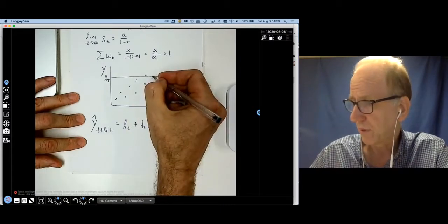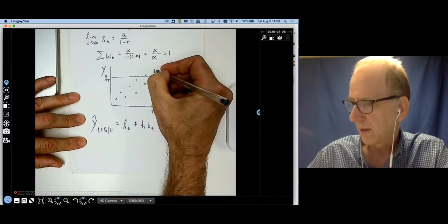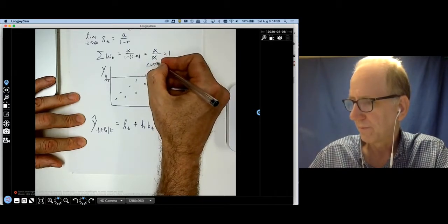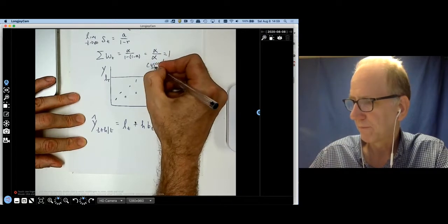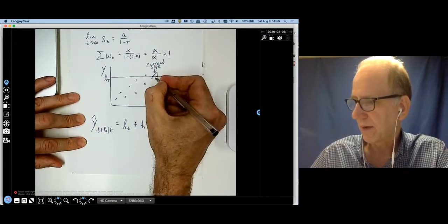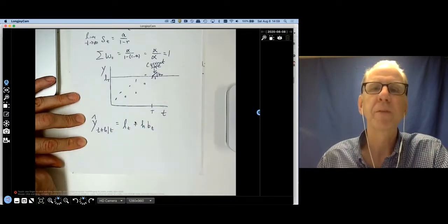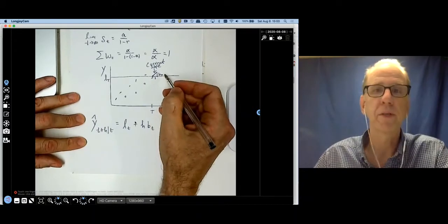And so at this point, I'm going to have some slope, and maybe that slope estimate looks something like this. So this is my current slope. All right, so just to make this really clear, let's say I have a run of 1. This would be b capital T. And so that would be my slope at time period t.